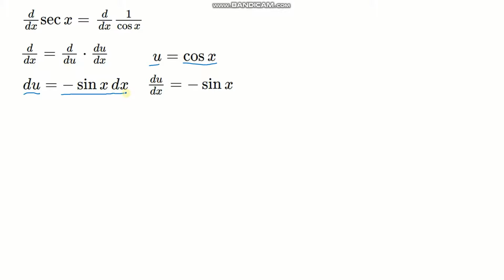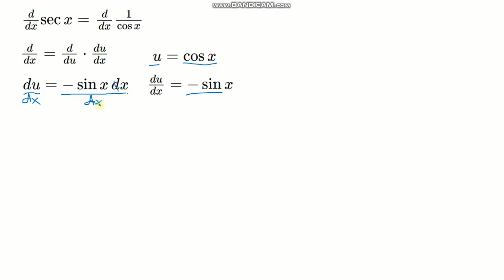For the derivative of 1 over cos x, we take the u-substitution, u equals cos x. Taking the derivative, the left hand side is du, and the derivative of cos x is negative sin x dx. By dividing both sides by dx, we have du over dx equals negative sin x.